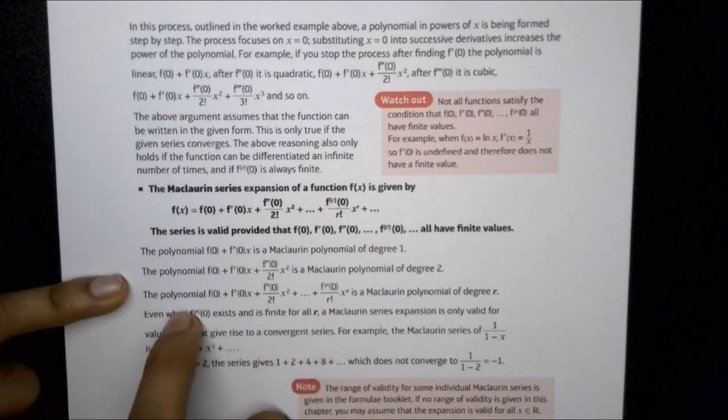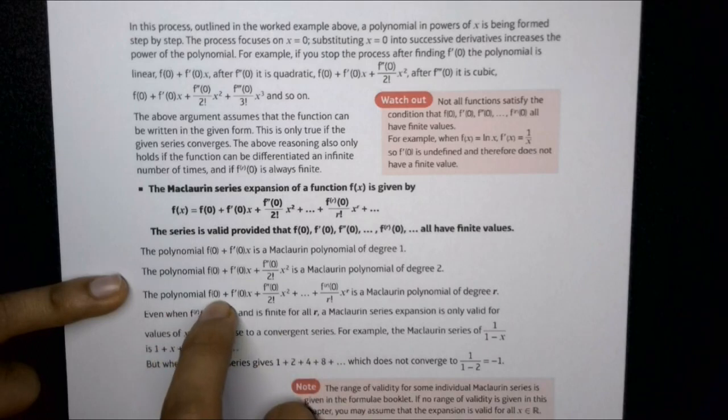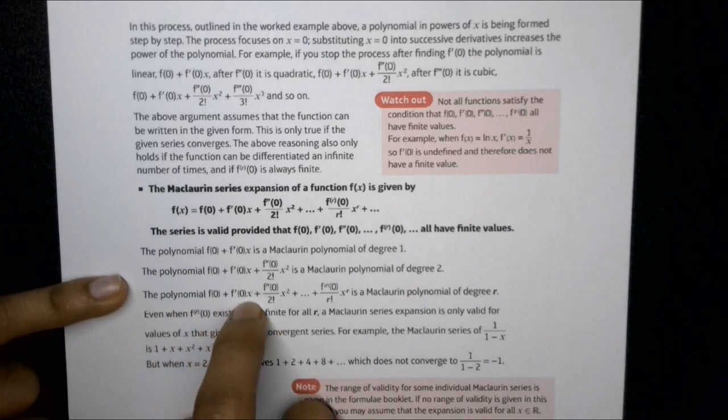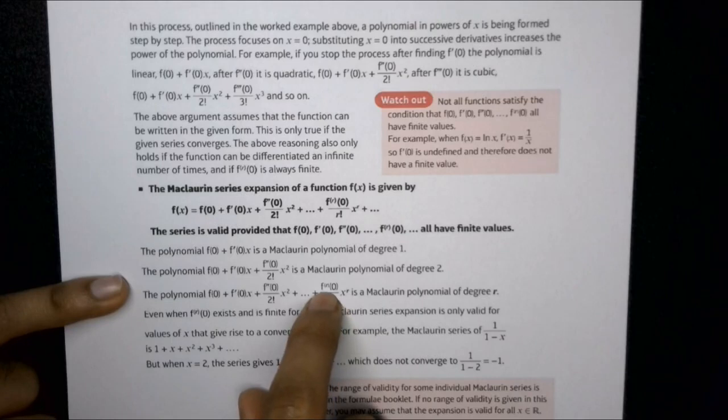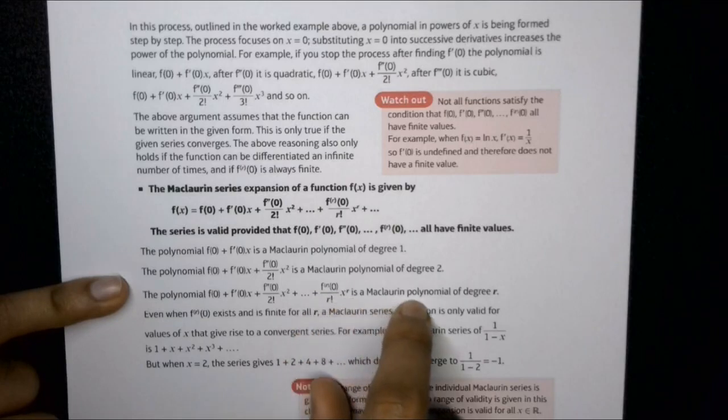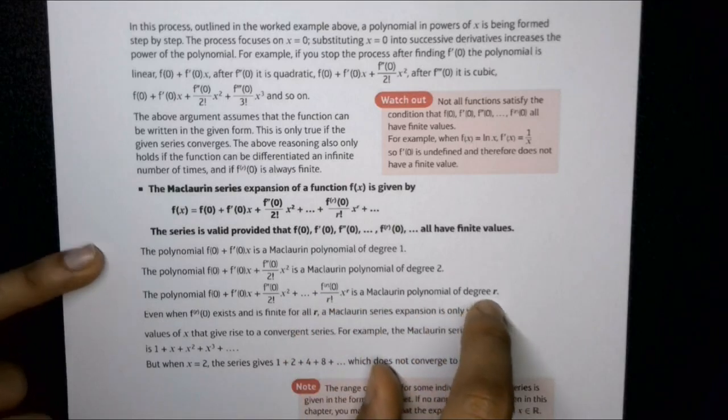And in general, the polynomial f of 0 plus f dash of 0 times x plus f double dash of 0 divided by 2 factorial times x squared, etc. and in general going up to the rth derivative of f at 0 over r factorial times x to the r, this is the Maclaurin polynomial of degree r.